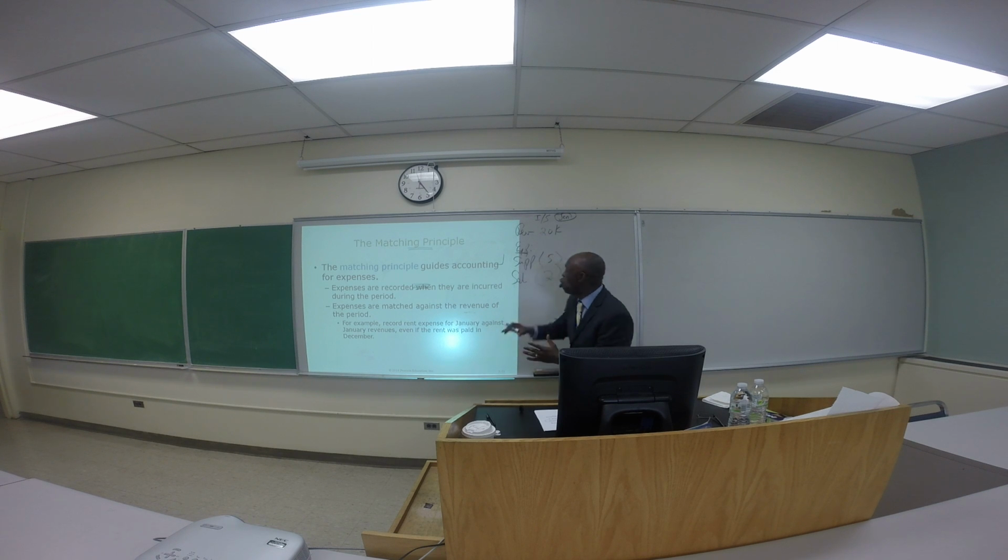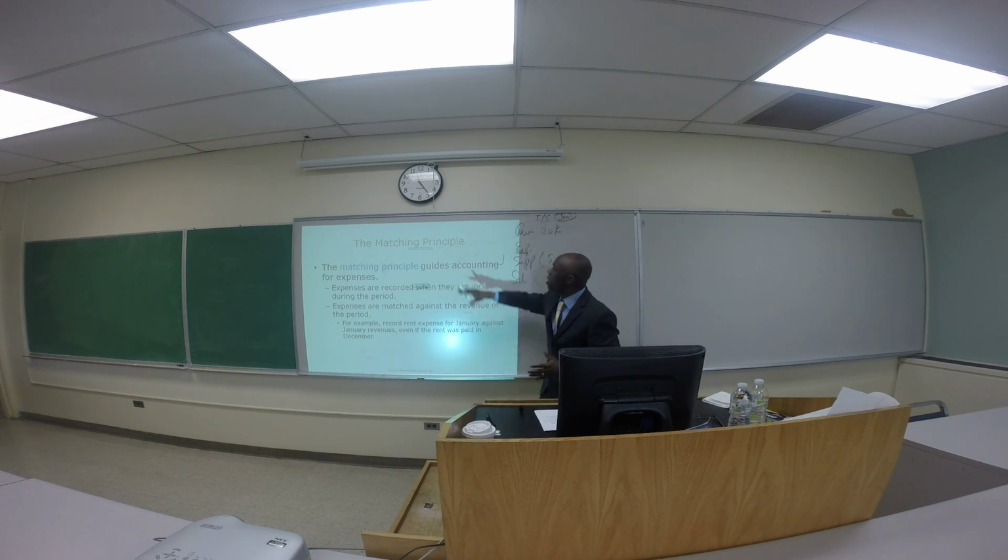Why? Because only $2,000 relates to the $20,000 revenue that was produced in the month of January. So if you report $6,000 because you paid the employee $6,000 in January, then you distort the performance or the picture of the month of January.